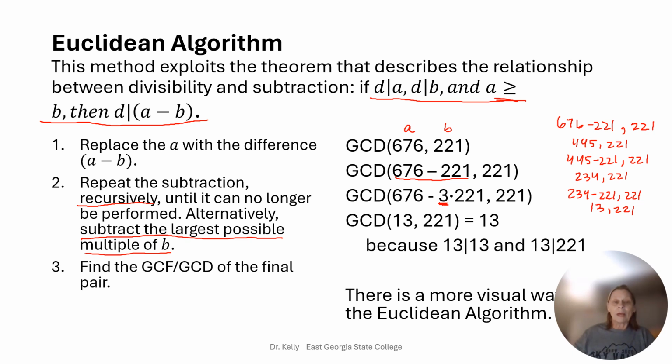I did that math there, and I was able to reduce it down to this. Now 13 actually divides into 221, so we know that our greatest common divisor, because this guy is prime, is going to be 13.